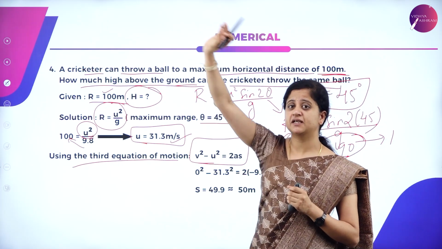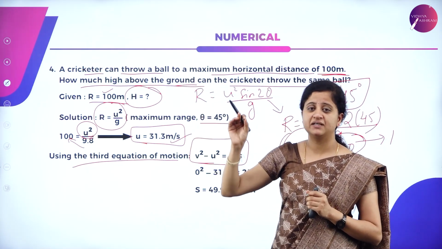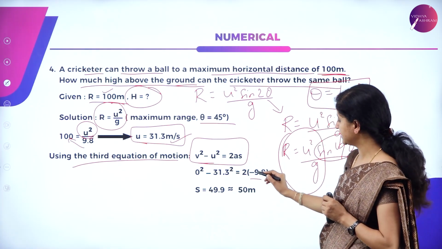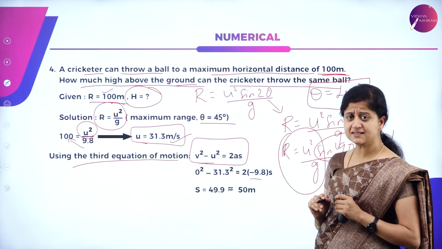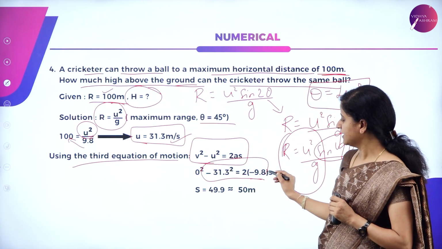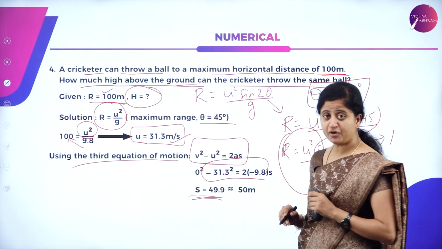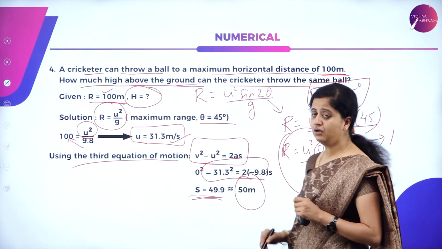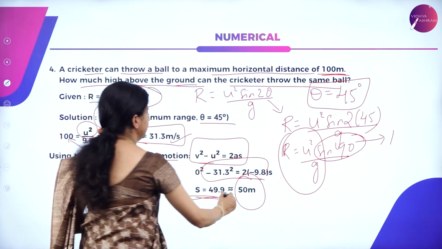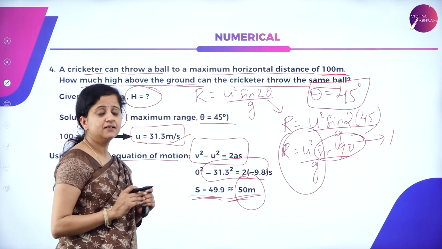Since the ball is projected upwards, the g value is negative conventionally. So g value is 9.8 with the negative sign, and s is nothing but the displacement. Solving these values, we will get the value of s as 49.9, which is almost equal to 50 meter. So the cricketer can throw the same ball up to 50 meter high.